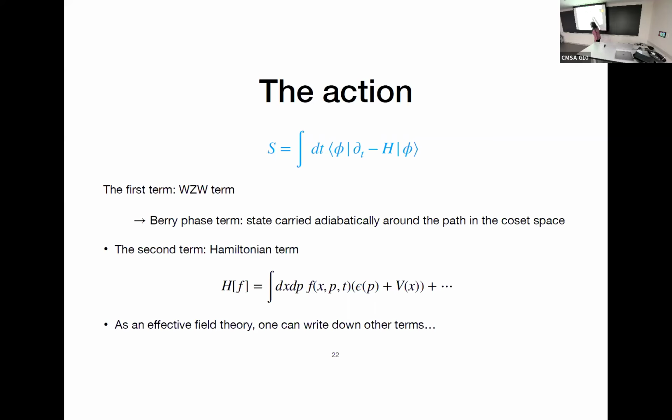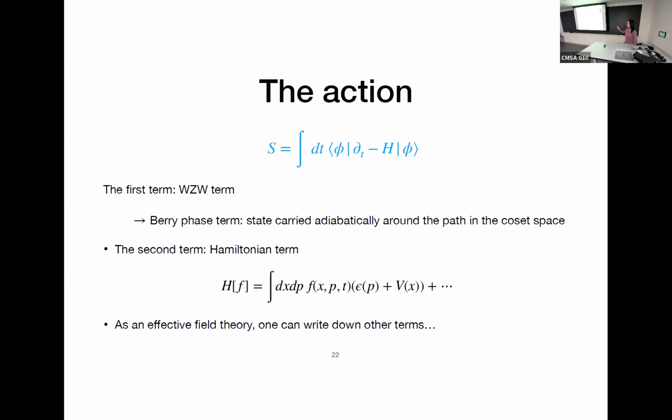And the second term here comes with the Hamiltonian term, and it's defined by this formalism here. But we know that we are doing an effective field theory, so one can also write down other terms, for example, interactions due to some Wilsonian coefficient, but it's hidden in this term here.